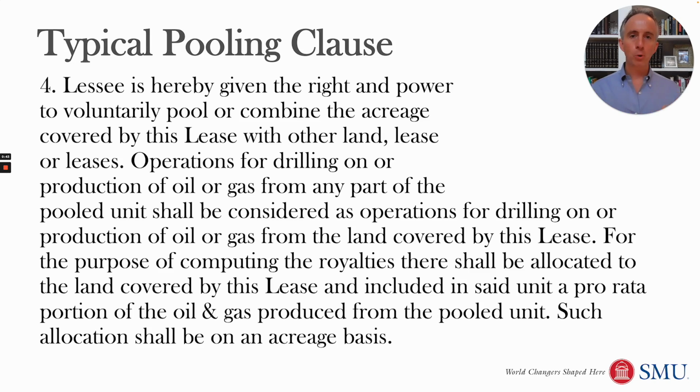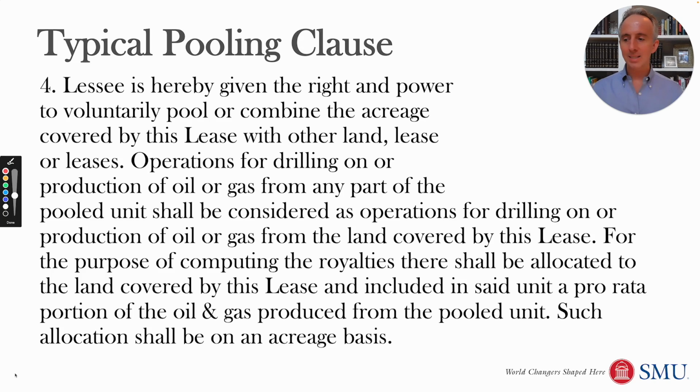A typical pooling clause gives the oil and gas company the ability to pool neighboring plots of land. And that can be very useful because often the same oil and gas company has leases on neighboring pieces of land. So they're effectively negotiating with themselves to pool that land and operate it together. And even if they don't have the lease on the neighboring land, they can negotiate with the oil and gas company that does have the lease on the neighboring land.